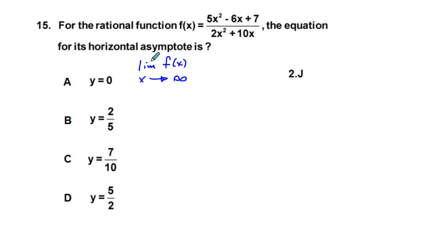And there are rules for that. One thing we talk about in this class is the rule called BOTSEN, where if the bottom exponent equals the top exponent, the value is going to be the coefficients. So y is going to be equal to 5 over 2.